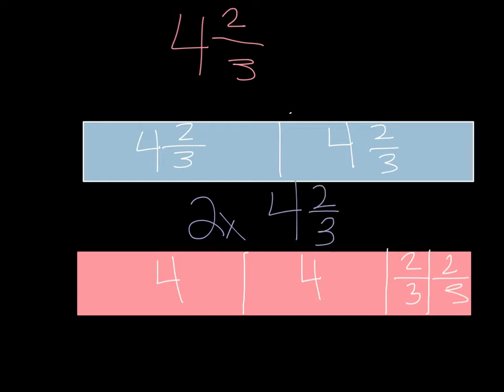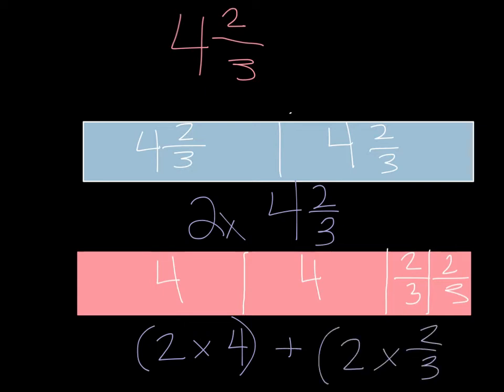Now for the next unit, we're going to break it down by our whole numbers and by our fractions. So we're going to do in parentheses first 2 times 4, and then we're going to add to that our fractions. So 2 times 2/3.